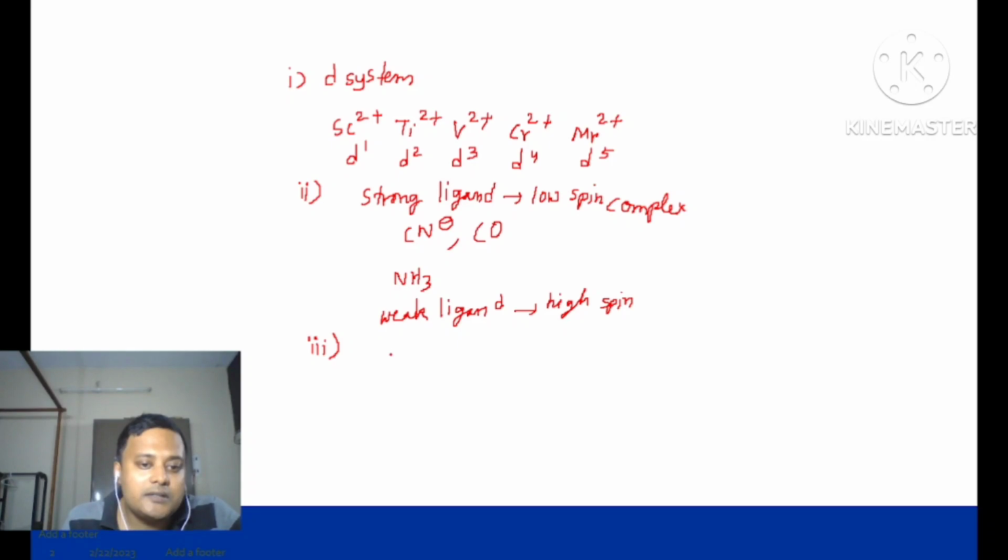Sp3 means tetrahedral. Second, dsp2 means square planar.